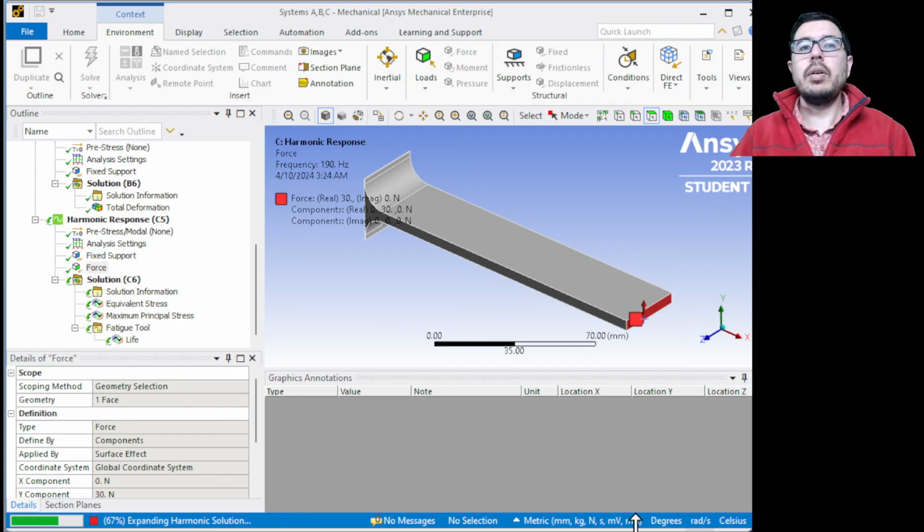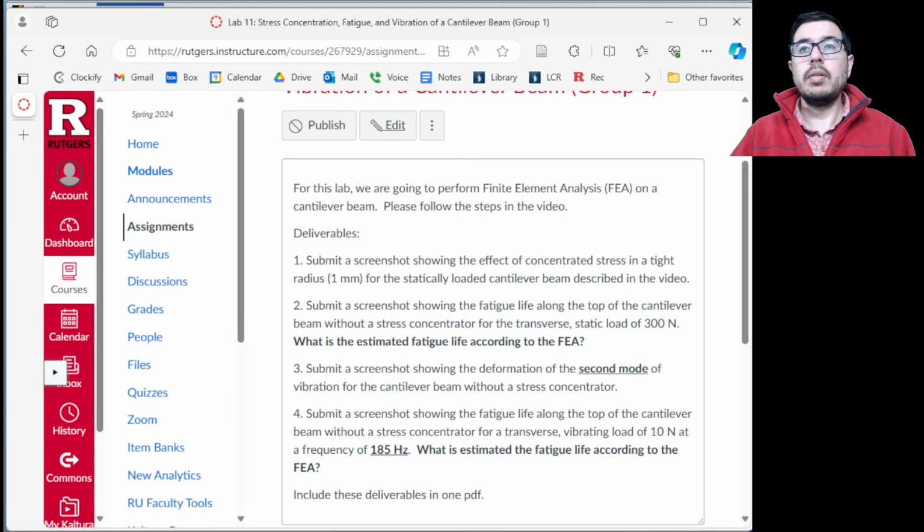And while we're waiting for this, we can see that this is the last thing we need to do. You're going to have some frequency, and I might change this a little bit based on what I'm seeing in this video, but some frequency, some load, and we're going to estimate the fatigue life.